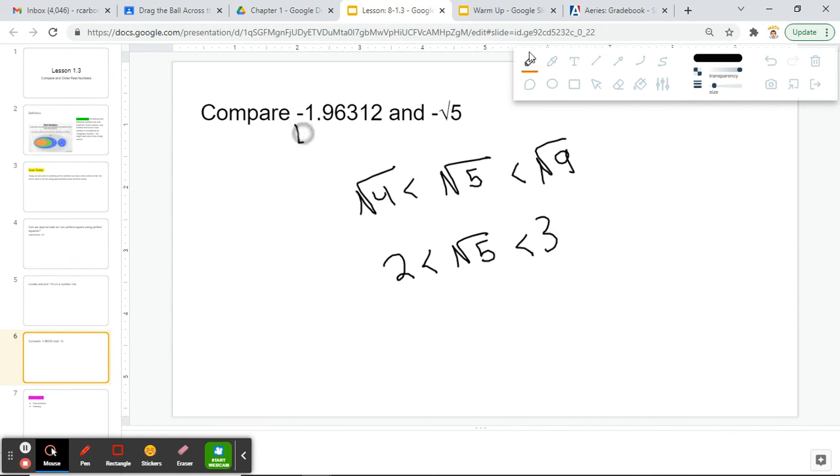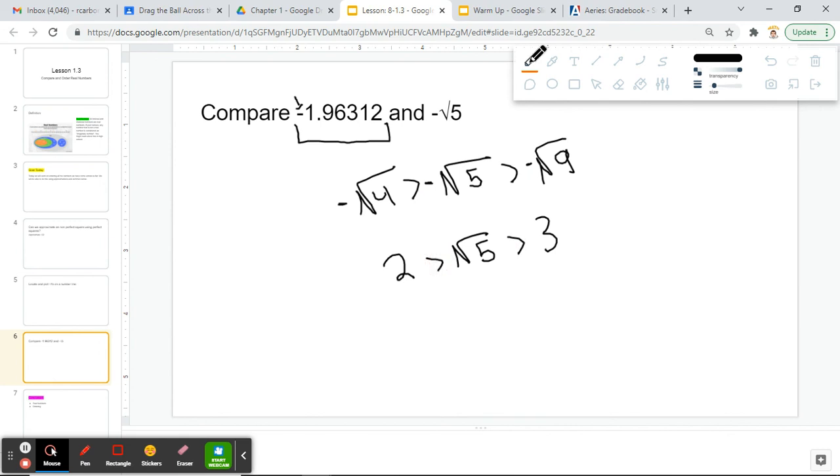Whereas with this number here, we know that this is a negative 1.96312. As a value, it's less than 2. However, since we're looking at negative numbers, this would be greater than 2. And since these are negative numbers, we can just switch our signs and switch the inequality around.